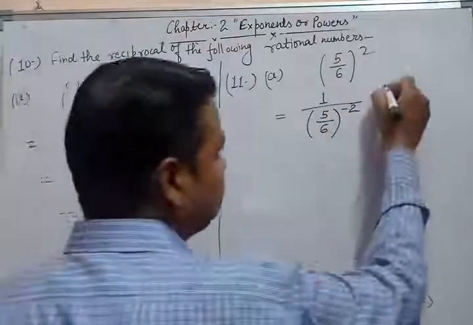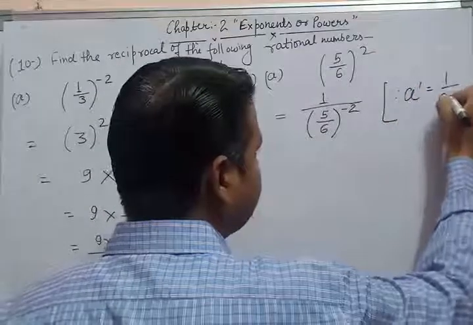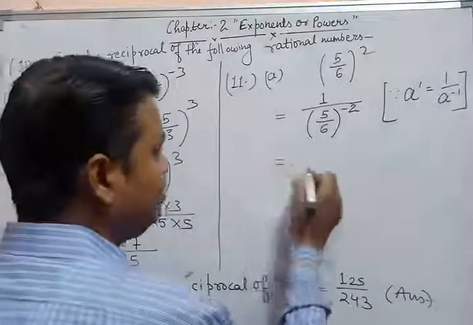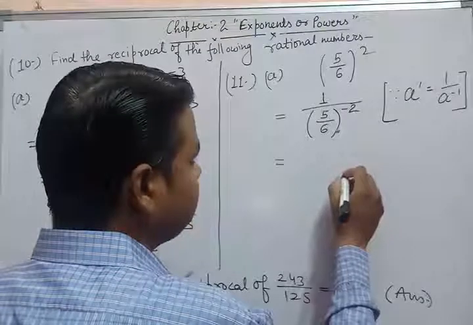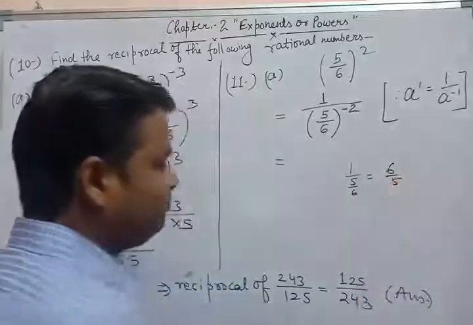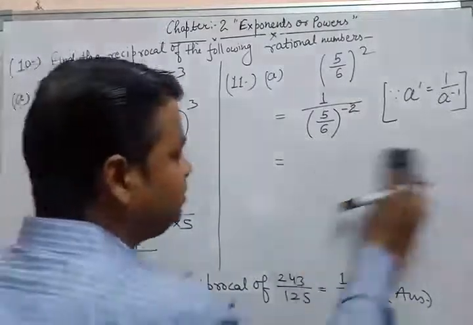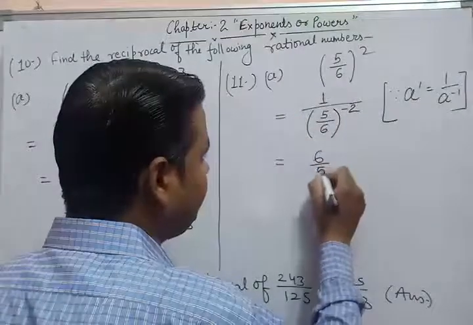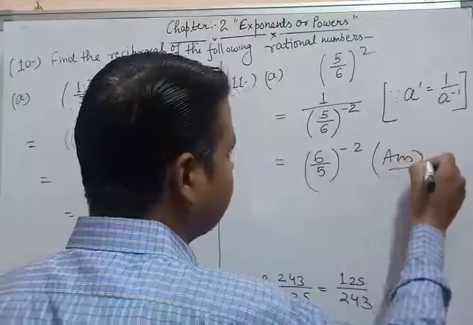Because you know that a to the power 1 can be written as a to the power minus 1. Now 1 upon 5 upon 6 can be written as 6 upon 5. So students, the value of this step is 6 upon 5 to the power minus 2, and this is the answer.